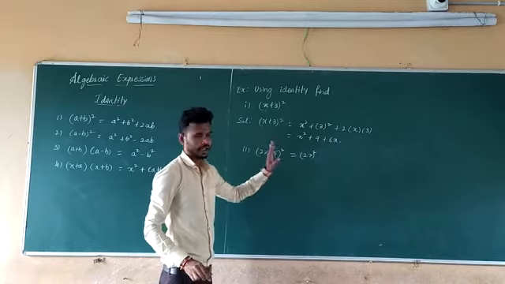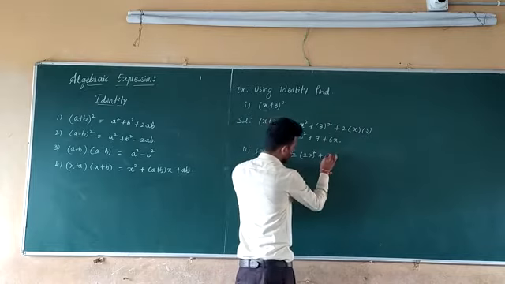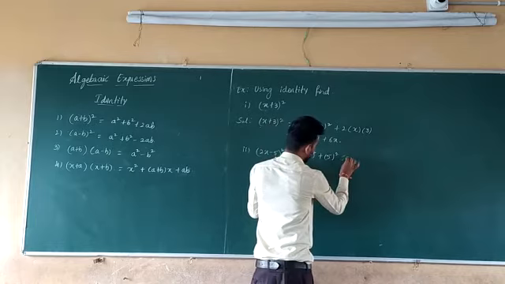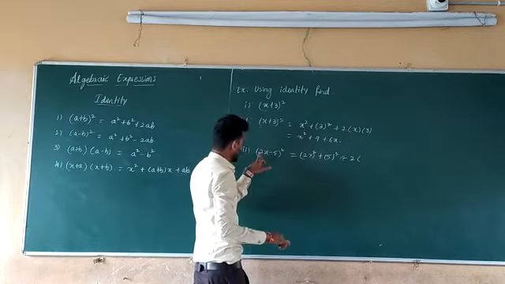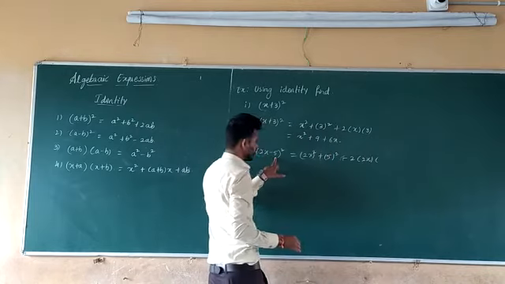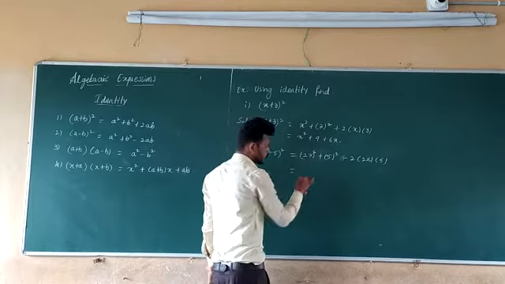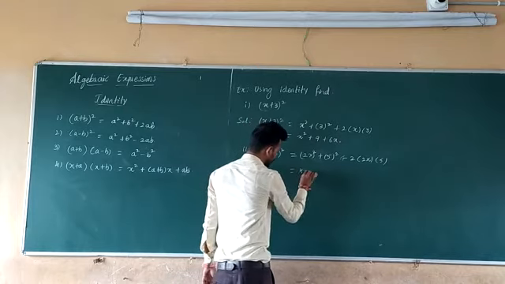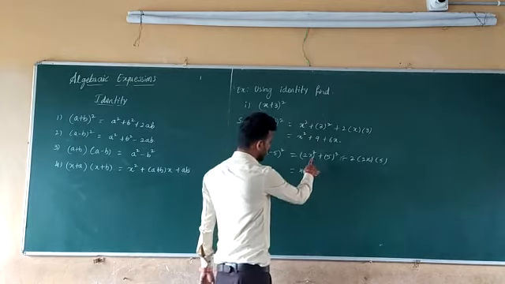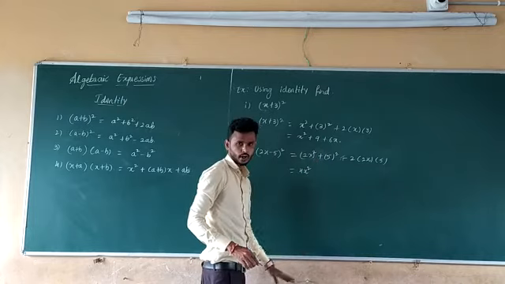Plus b square, b means 5, so 5 square, minus 2ab, 2 into 2x into b which is 5. So 2 square is 4 and x square, you need to square both 2 and x, so you will get 4x square.